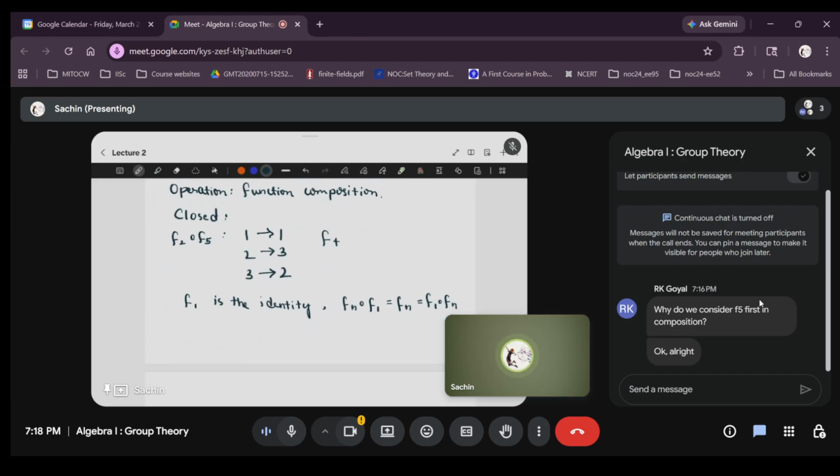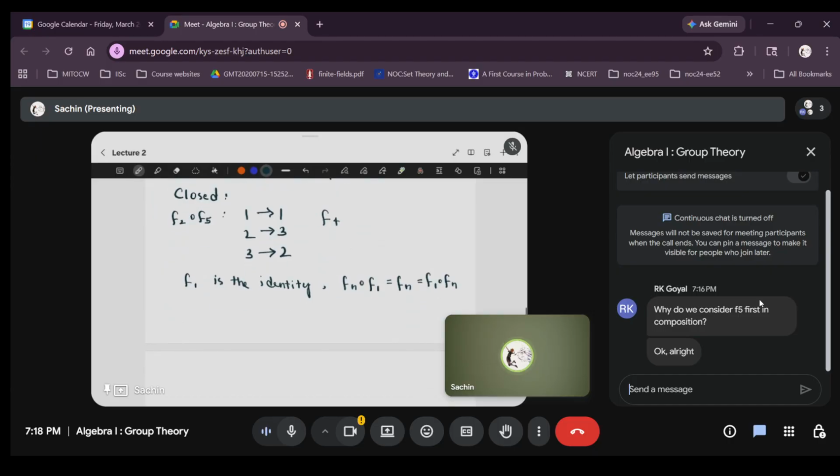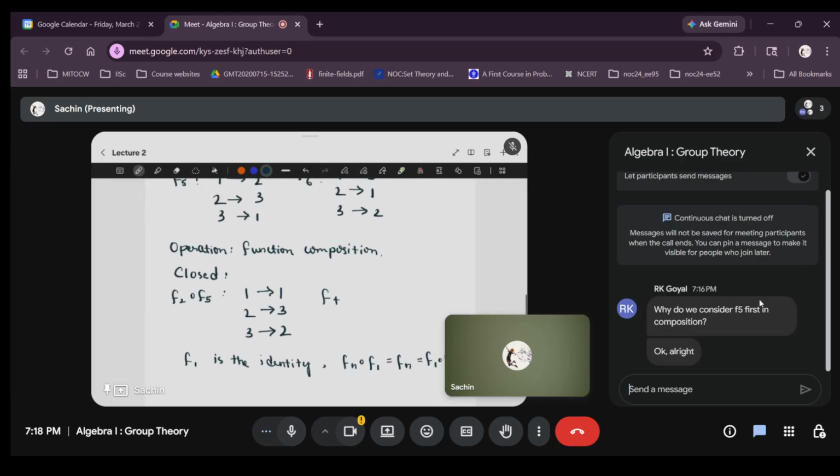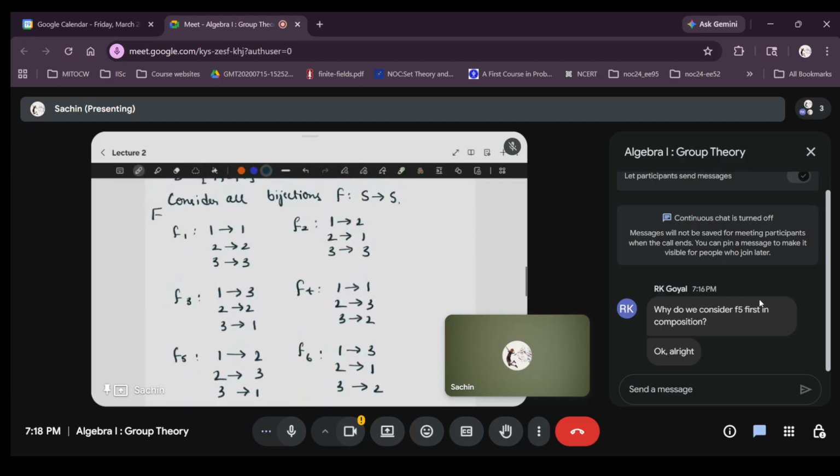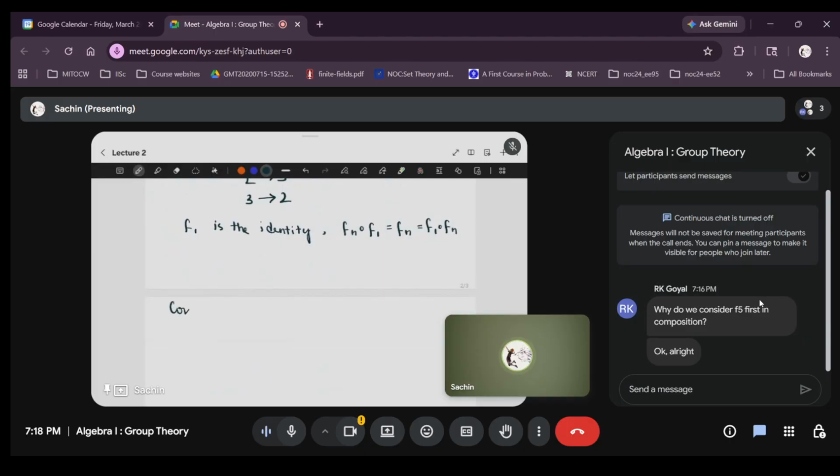Then what is the inverse of any function? Consider F2 circle F2. We can abuse the notation, and instead of the circle, we can simply write it as a product. The notation I'll explain in a future lecture. For now, you can write this as F2 square, which means simply F2 circle F2.